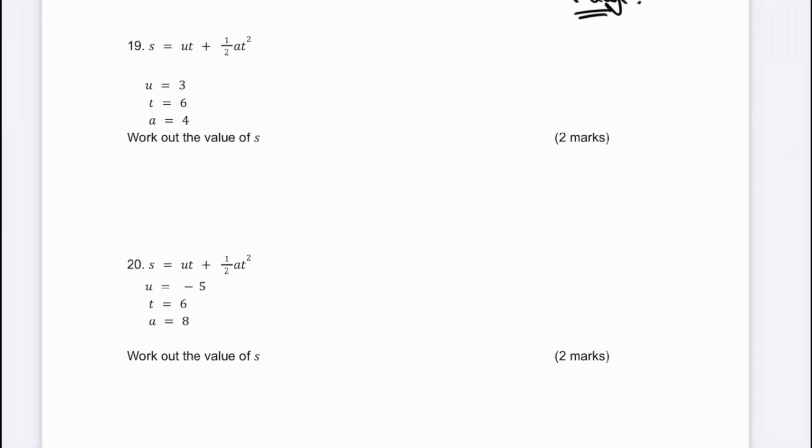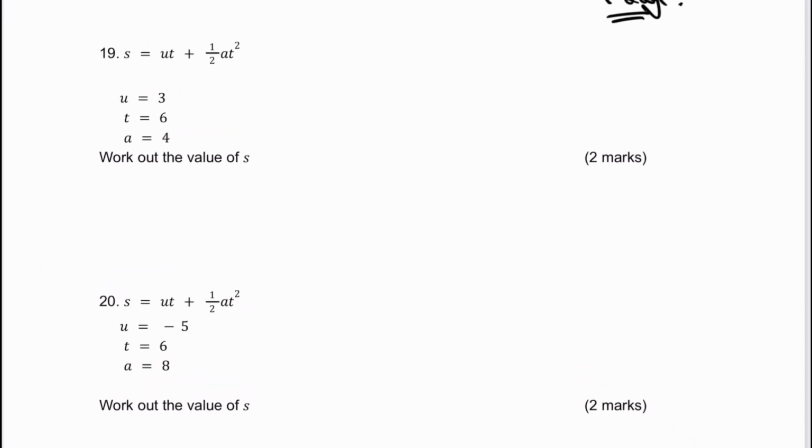So what I'm going to do is put into here S equals 3, which is the value of U, multiplied by 6, which is the value of t, plus a half of a, which is 4, times t, which is 6 squared. Now you have to remember with these, BIDMAS.